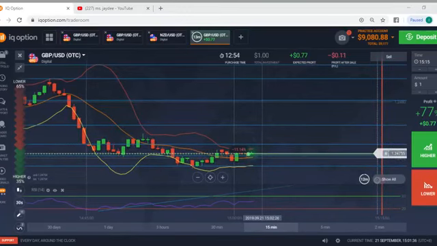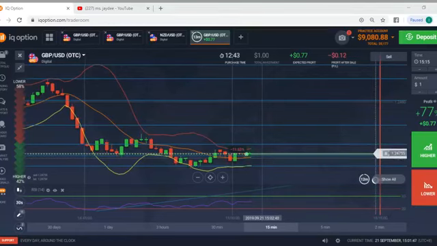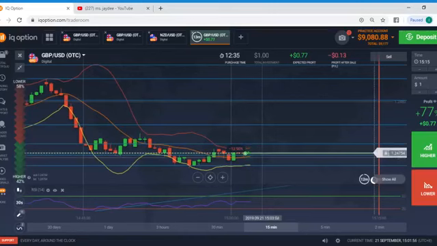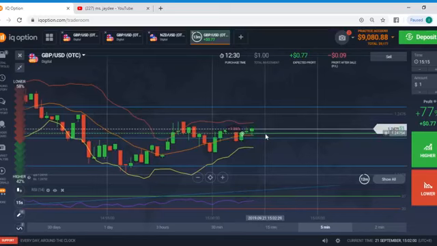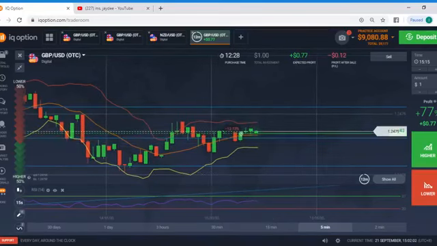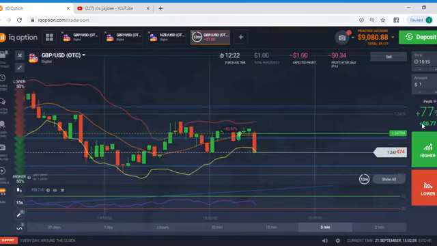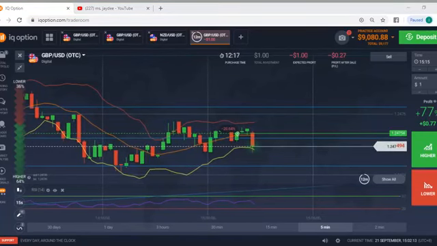The profit offering that they have is only 77%. So even if you're already moving in the direction you want, it will not right away show a positive or a green, because you're still very close to your entry price. When you trade this, trade when it offers around 91 or 92% if you want to use your real money.